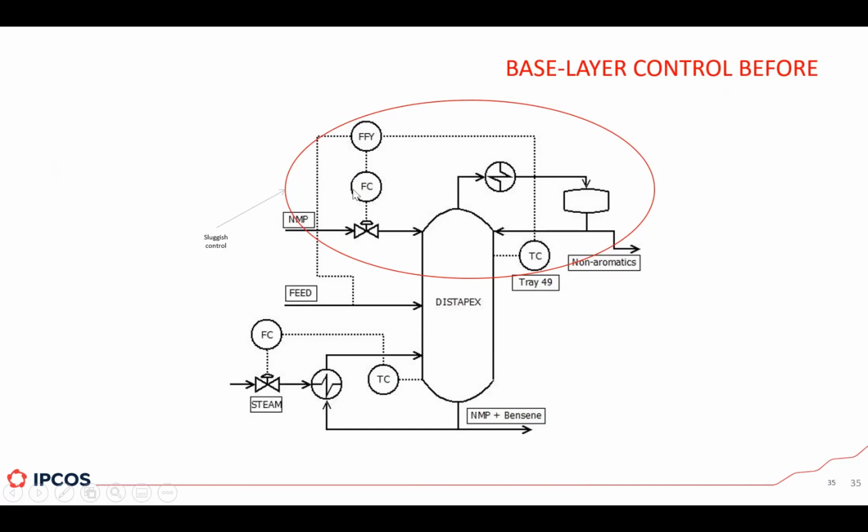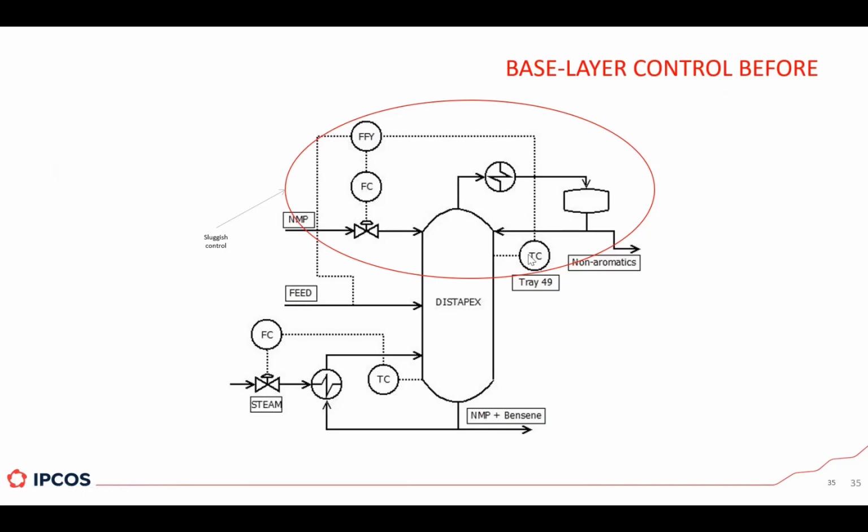I mean, it's not as simple as that. You can also see there's a feed to solvent ratio that is kept, but basically the temperature controller was acting on the ratio to change the amount of solvent. That's exactly what it was doing. Let's say on a fixed feed, for all intents and purposes, this temperature controller was trying to act on the solvent to change the temperature, again, as if it was a normal reflux column.